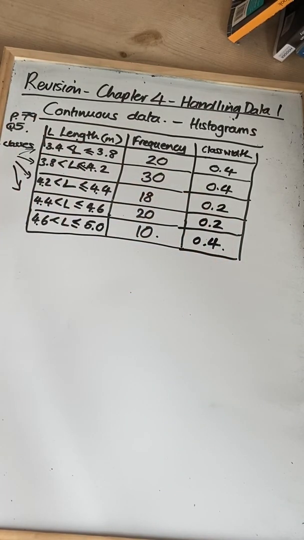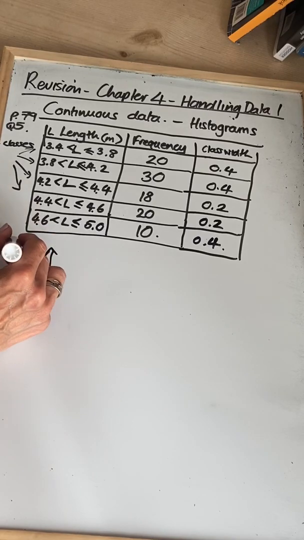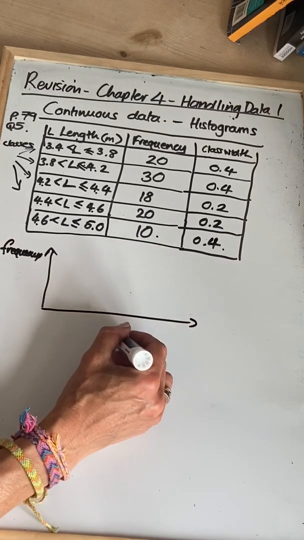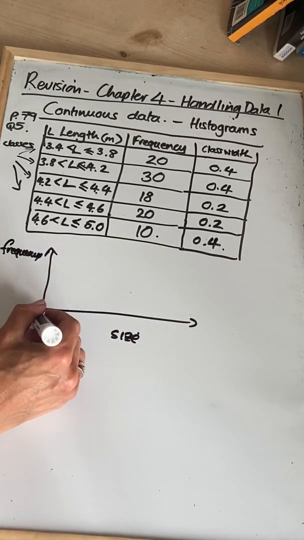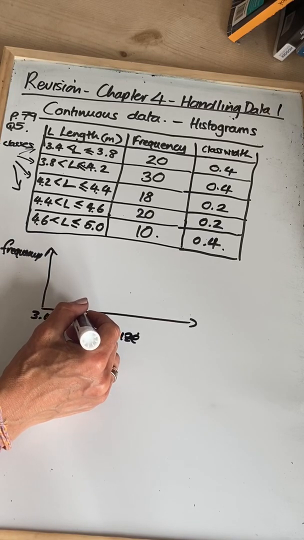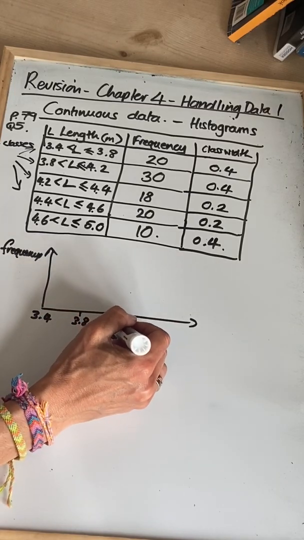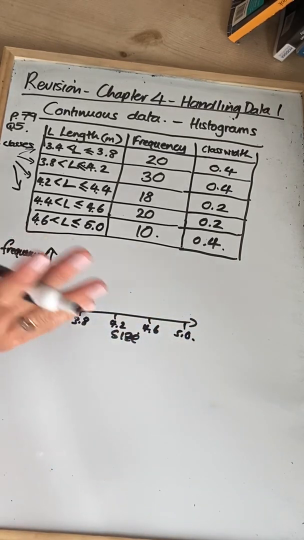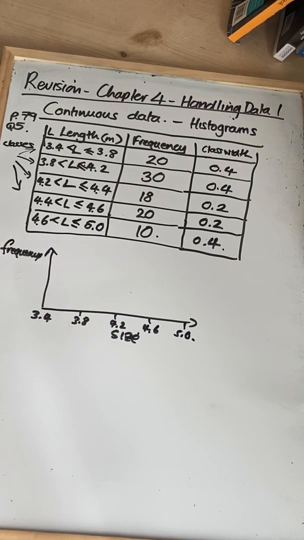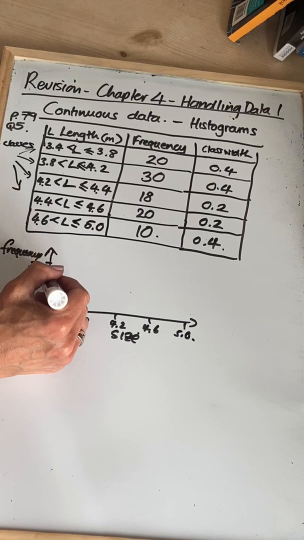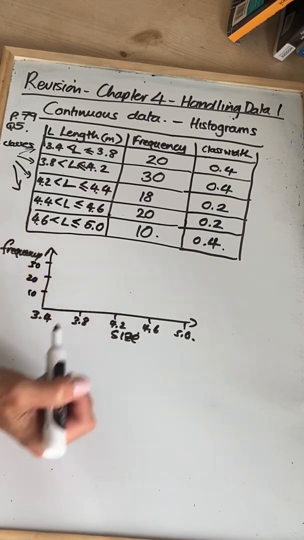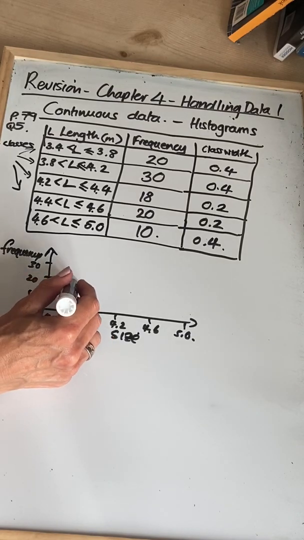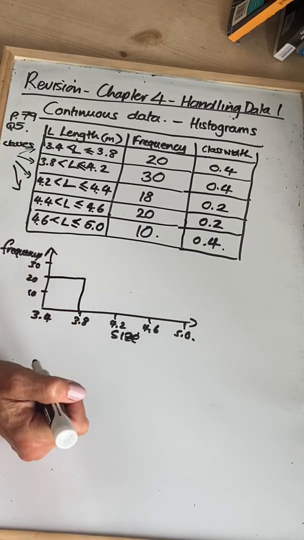Now, don't copy this down, gents. But if I was to just plot my frequency against my class size here, if I start at 3.4 and go to 3.8, 4.2, 4.6 and 5, what I would end up with, do not copy this down, gents. We go up to 30, so we go 20 and 10. If I was to plot my bars in here, I've got 20 frequency from 3.4 to 3.8.